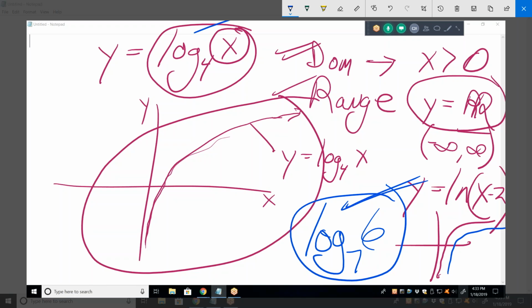Now, it turns out that in your TI-84, you can't do bases other than 10 or e. So you also need a change of base formula, which we can probably talk about next time. I don't want to run you over today. But we need to talk more about logs.